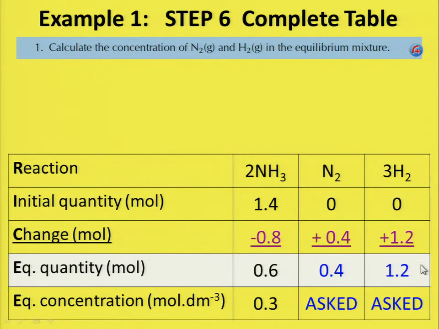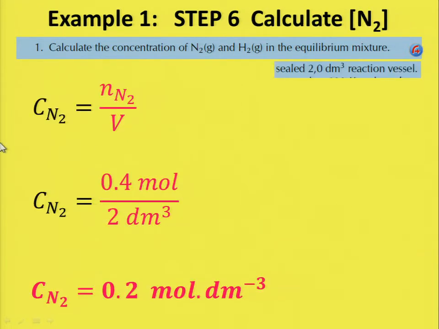But that is not what was asked in the question. The question asked the equilibrium concentration of nitrogen and hydrogen. You now have the moles of nitrogen and the moles of hydrogen. So you can calculate the concentration by using your equation.